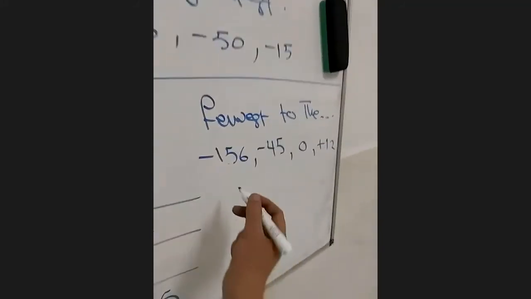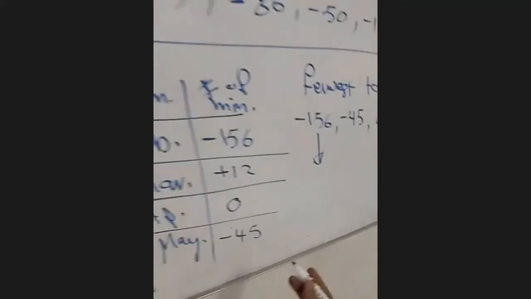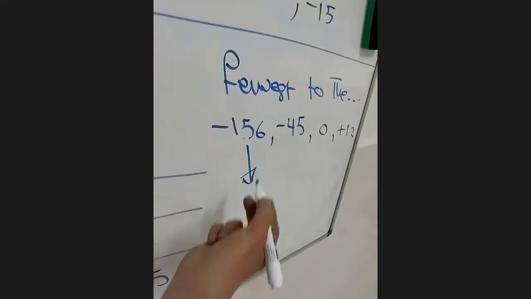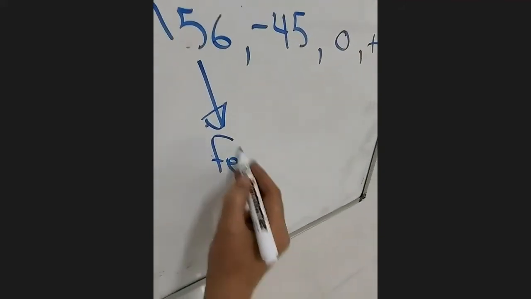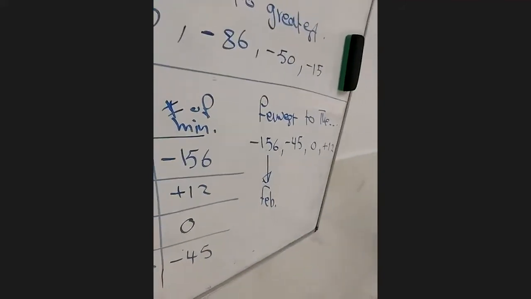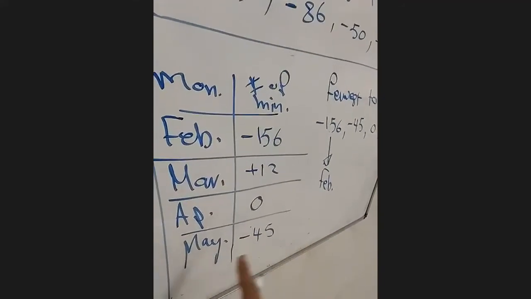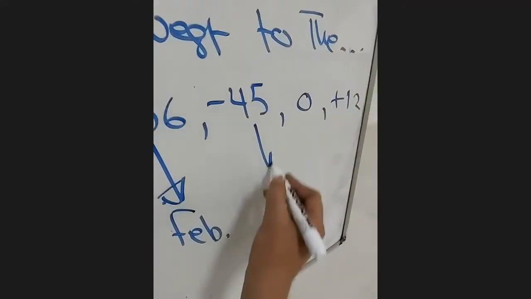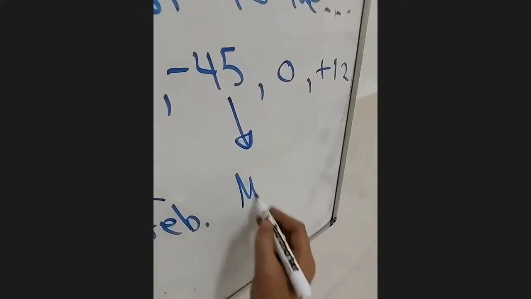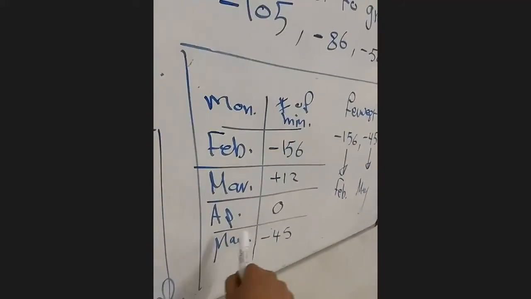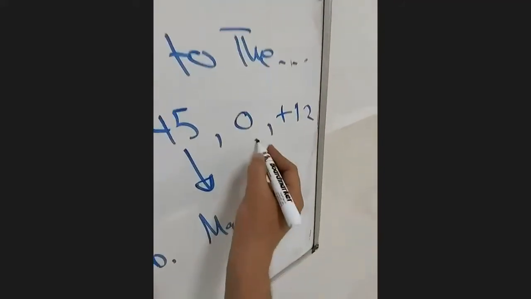Negative 156 is related to which month? To February, right? So write it here like this. This is for February, because they want us to order the months, not the numbers. Negative 45 is related to May, so the second month here is May. The 0 is related to April, so here, April.